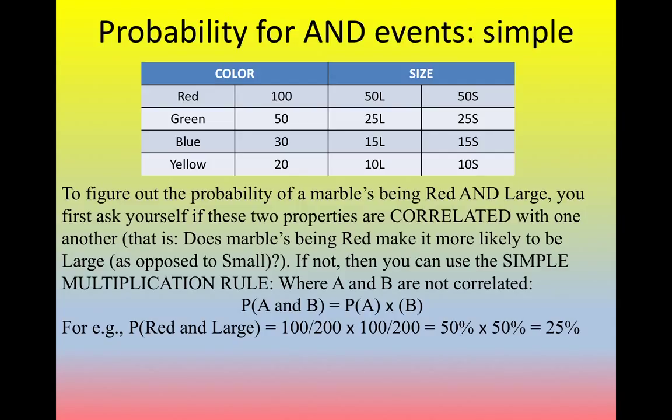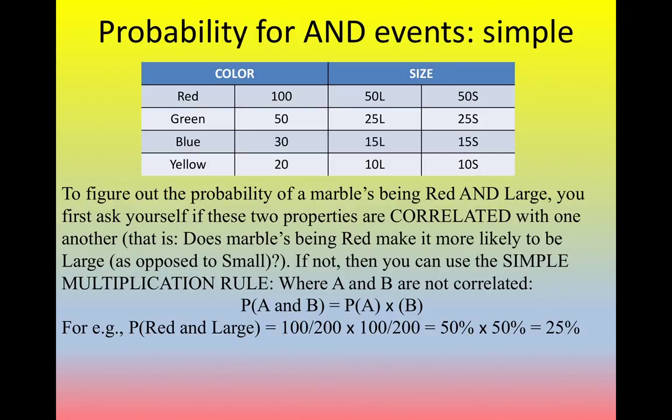So for example, red and large are not correlated here, which means the proportion of large marbles among the reds is the same as the proportion of large marbles among those of any other color.